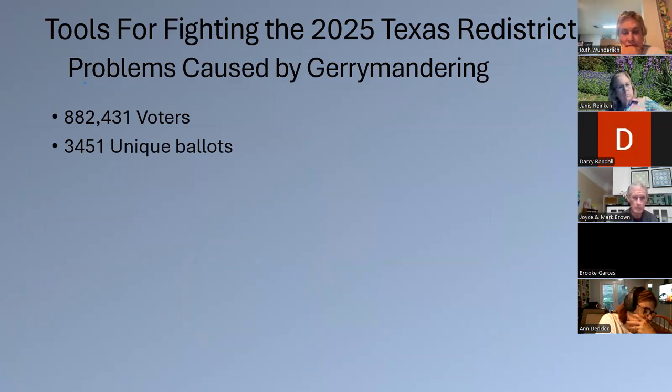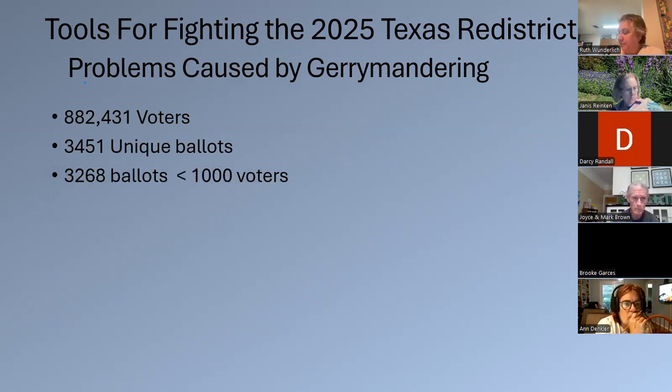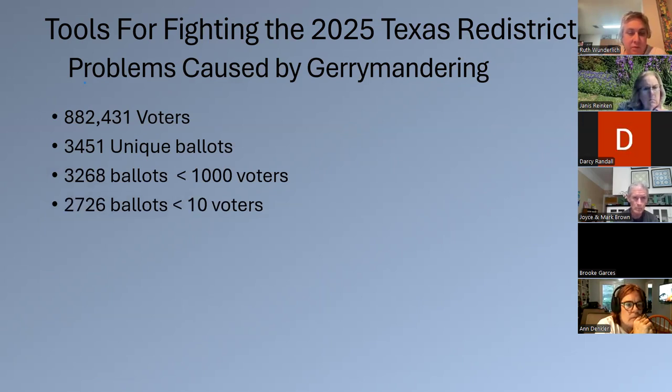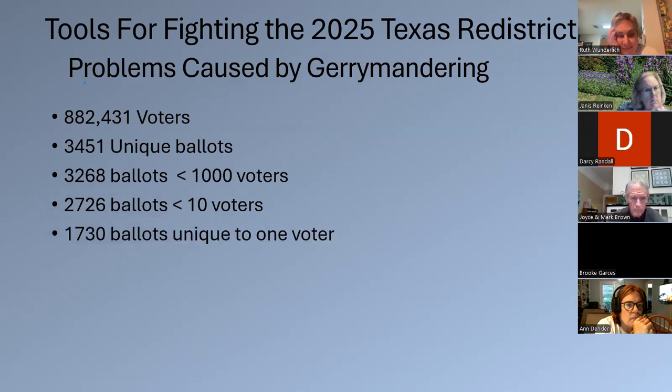That means your neighbor might vote the same way you do all the way up and down the ballot, but there's 3,400 different ballots out there. Over 3,000 of them have less than 1,000 voters on that ballot. 2,700 have less than 10. And 1,730 have 1 voter or less.